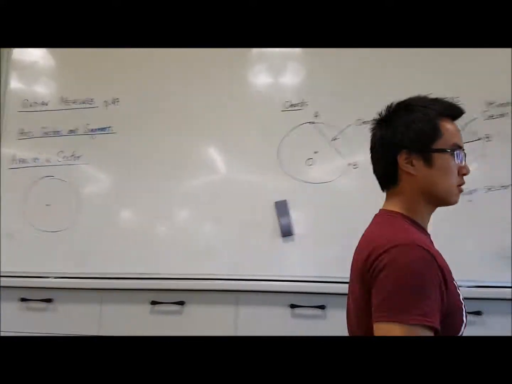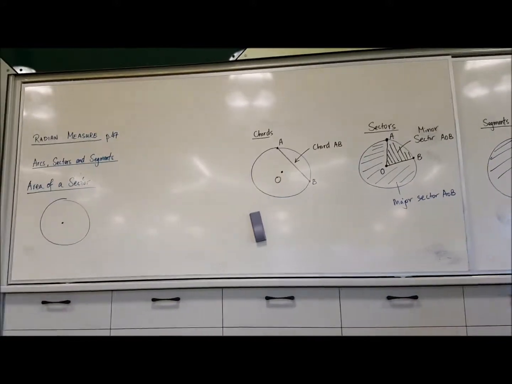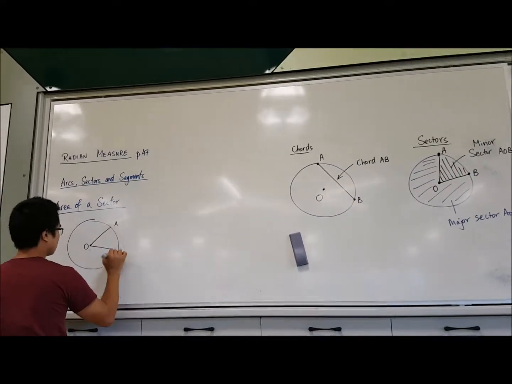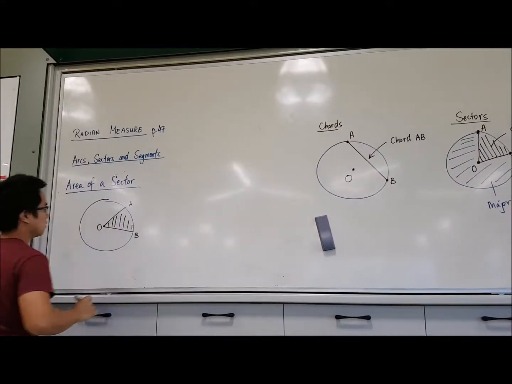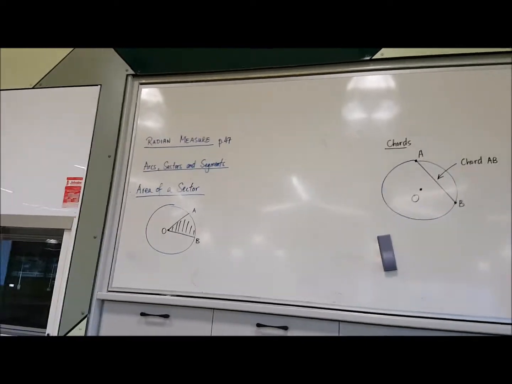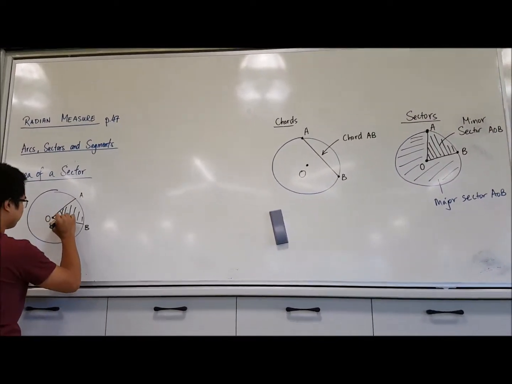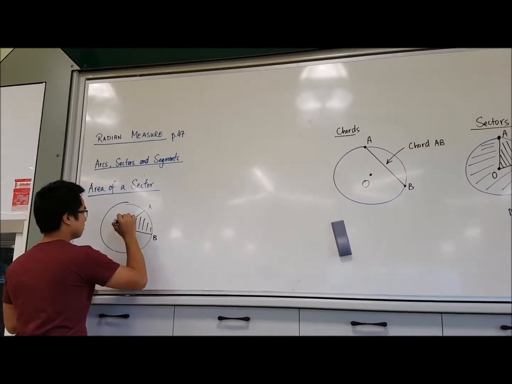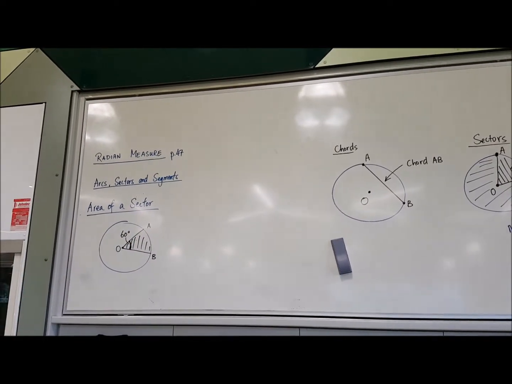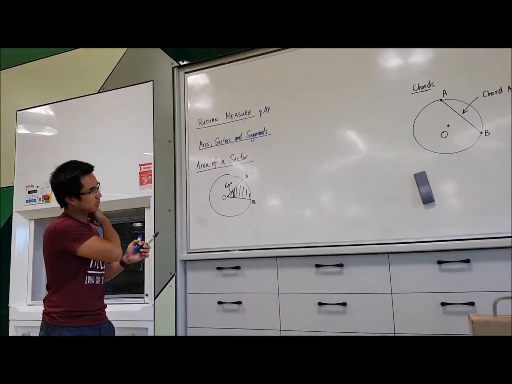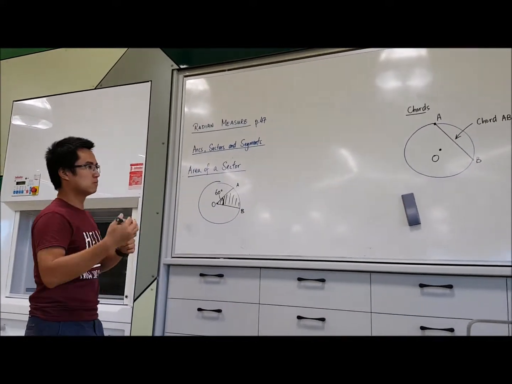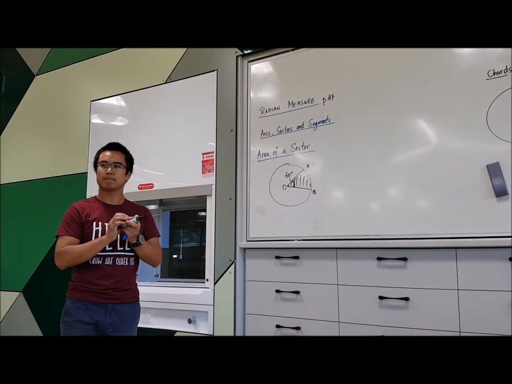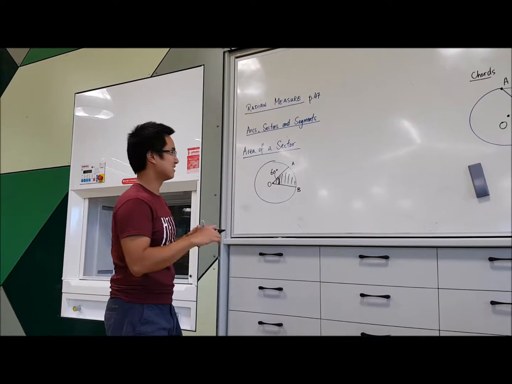So if I have a sector, which is a slice of circle, and I have the angle, let's say 60 degrees, how do I go about working out the area of this sector? So, how do you work out the area of a full circle? Pi r squared. Not 2 pi.